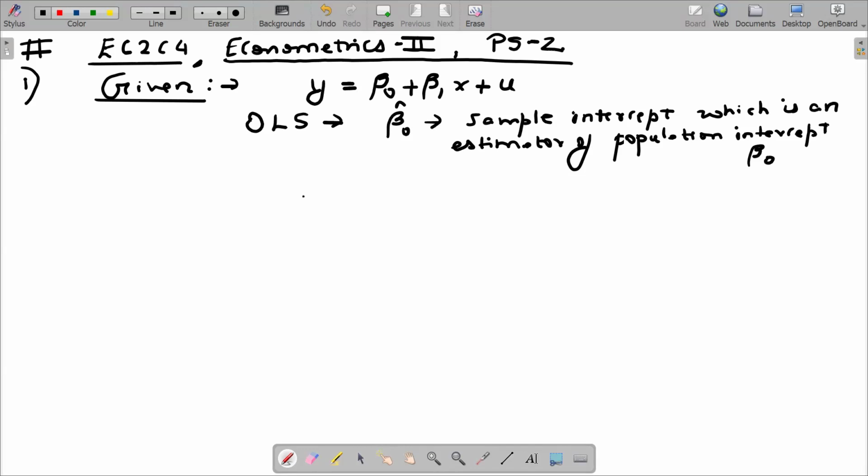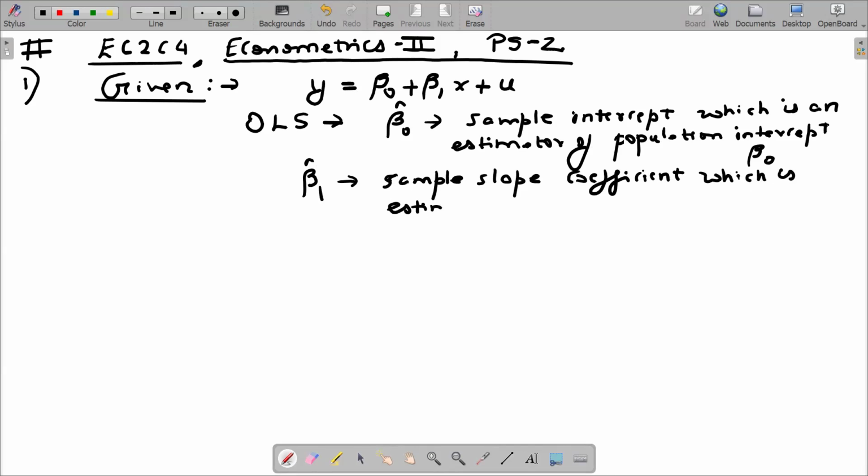And then I have beta 1 hat, which is the sample slope coefficient, the estimator of the population slope coefficient beta 1.